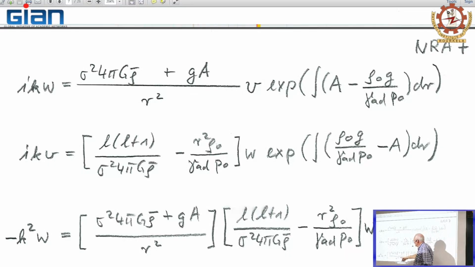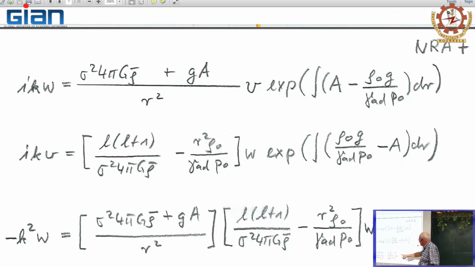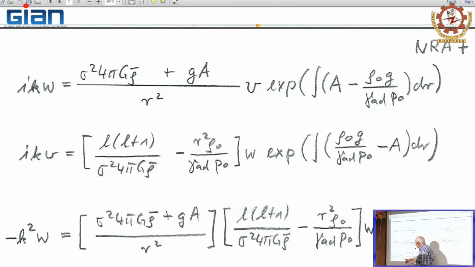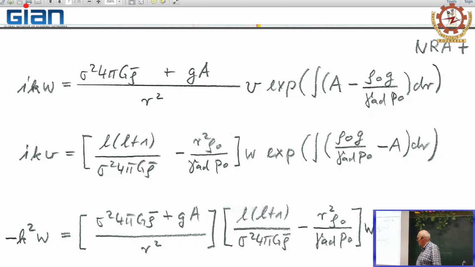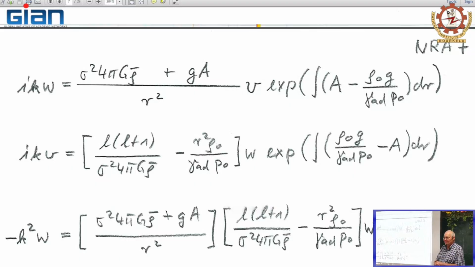On the left-hand side, we are left with minus k squared. Also, of course, the W itself cancels, and we end up with a relation between the wave number k and the other remaining coefficients.